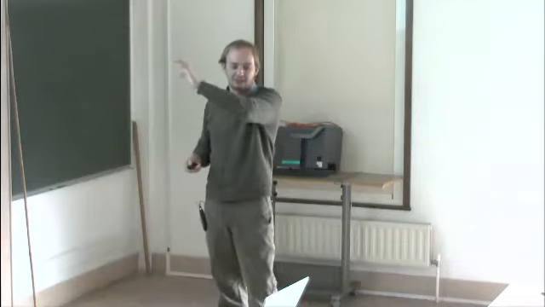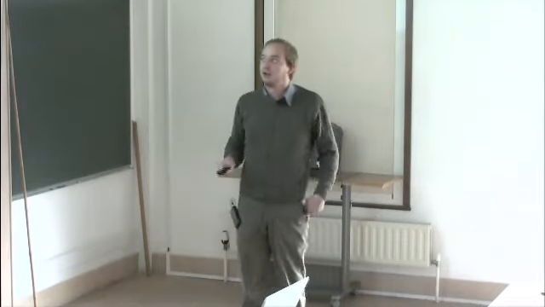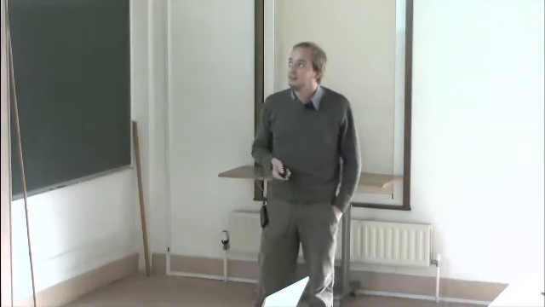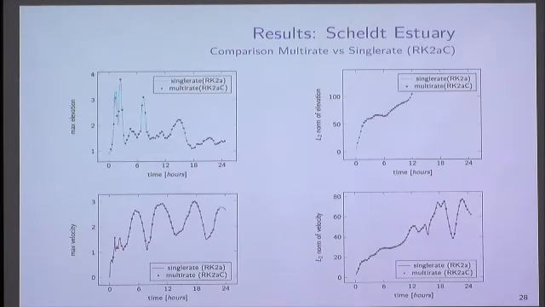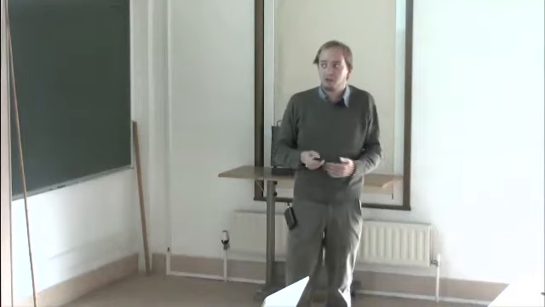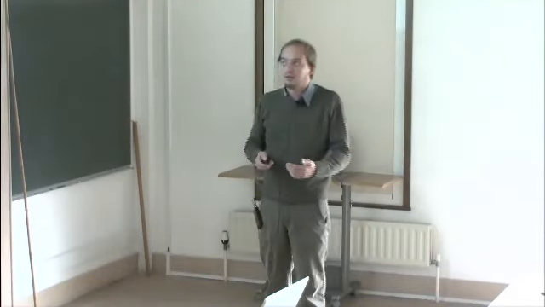We didn't take that into account for the theoretical speedup, that we will have to compute twice more interface residuals at these interfaces. Here we have just the comparison for the Scale array when we launched the simulation for 24 hours of the max elevation, the max velocity, the L2 norm of the elevation and the L2 norm of the velocity, and we compare with the single rate method, and we see that globally we have almost no differences. Actually, the spatial error is dominant, and you see very little variations in the different norms.